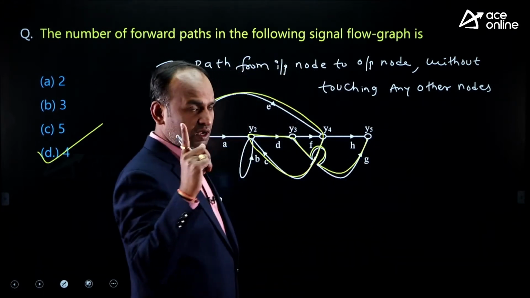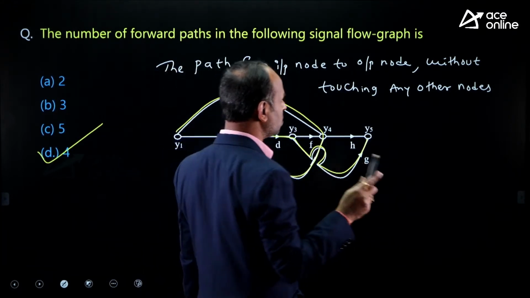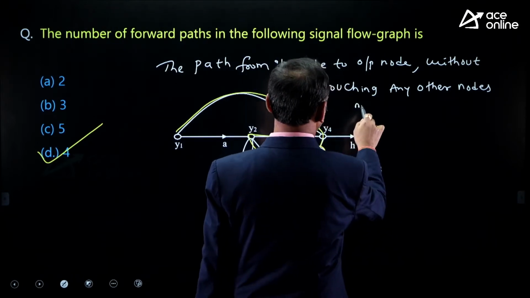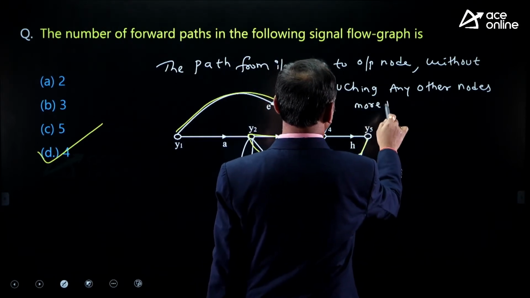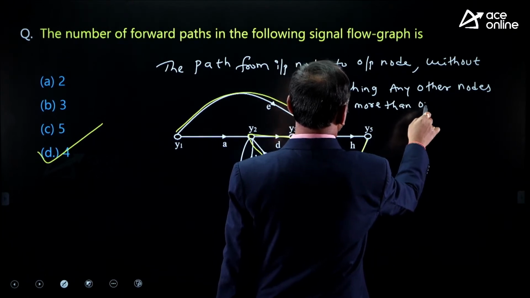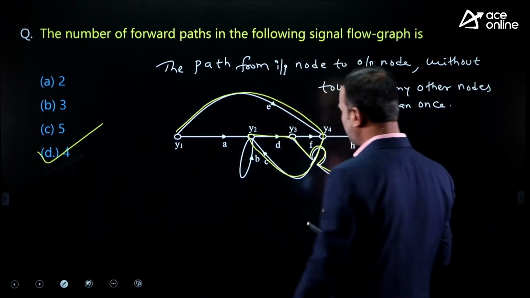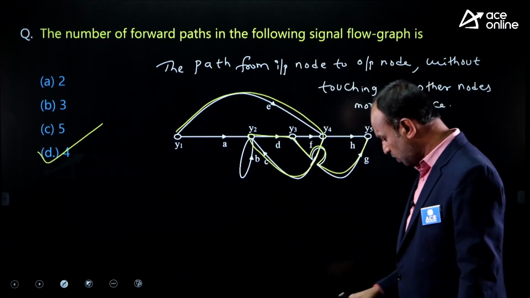All nodes should touch only once. Every node should touch only one time. This is the 4th forward path, so it is a perfect answer.